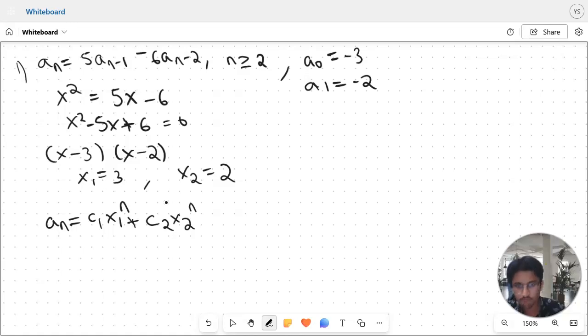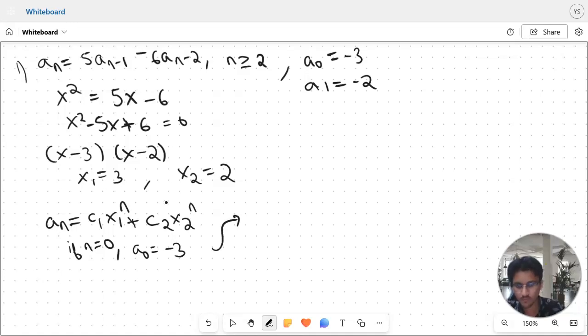Okay, so now we go and look back at this problem, and we say if n equals 0, then a of 0 equals, so that's what we got to figure out. We know that a of 0 equals -3.